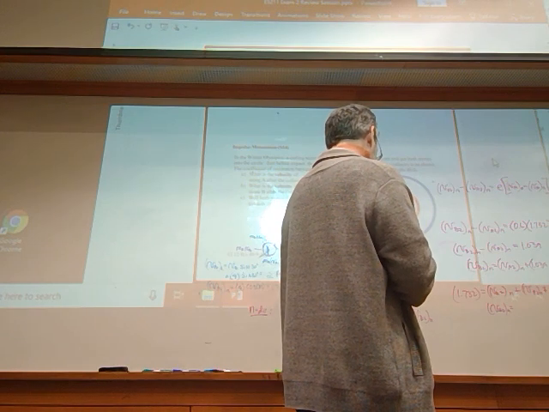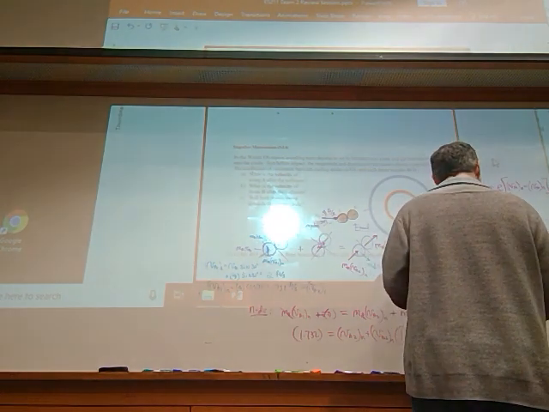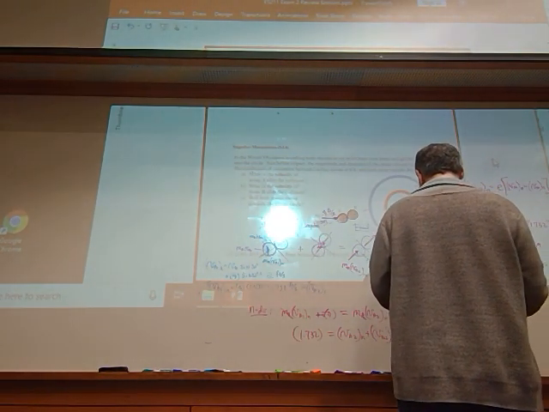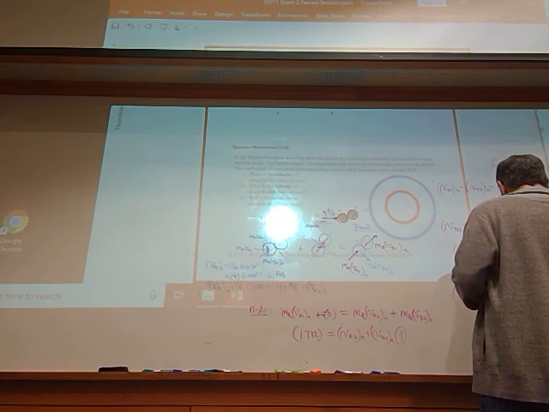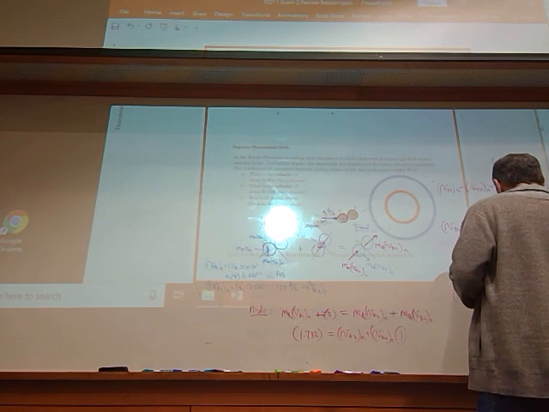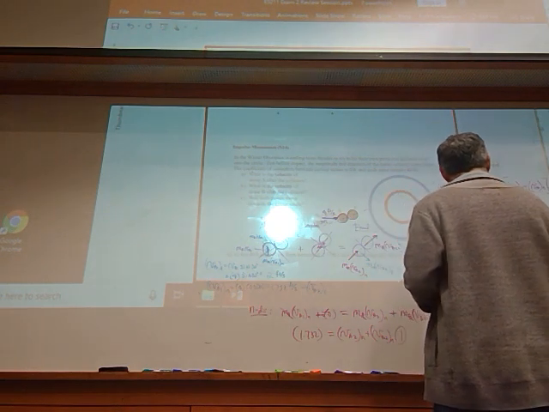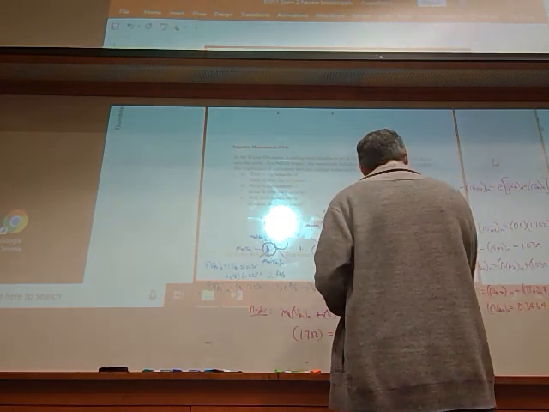Subtract 1.039, and then I divide by 2. So it's equal to 0.3464 feet per second. And then, which one do I want to use?